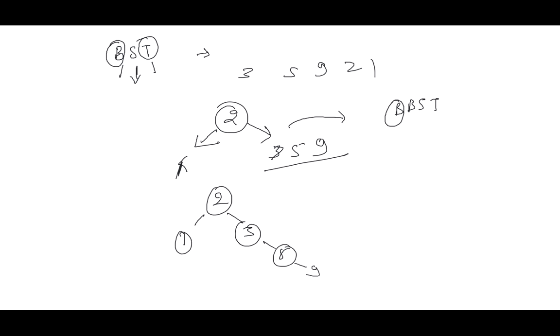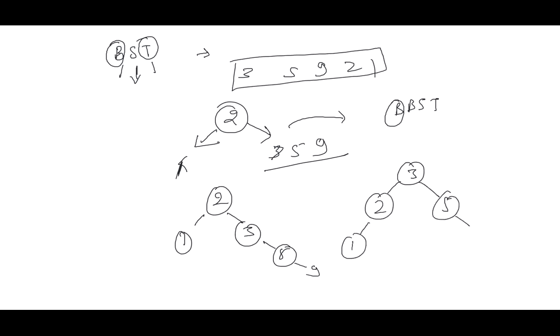This is a tree with these nodes, and we can create one like this: 3, 2, 1, 5, and 9. This is also a binary search tree with the same data. We can also have one like this, 5 3 2 1 9. So we can construct many trees with the same nodes.